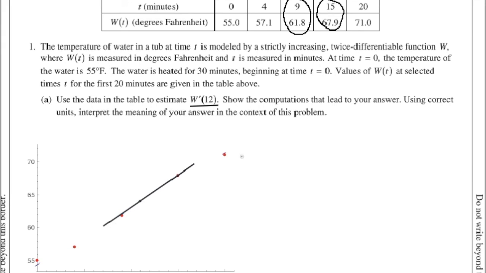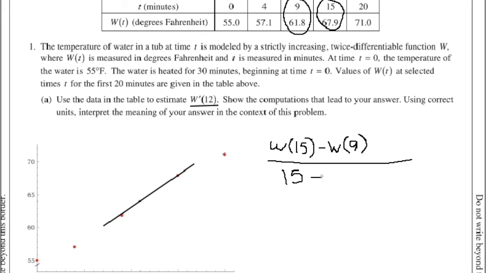Our rise is going to be w of 15 minus w of 9. That's essentially our y2 minus y1. And that's going to be divided by our x values here, 15 minus 9. We're given in the table that w of 15 is 67.9, and w of 9 is 61.8.